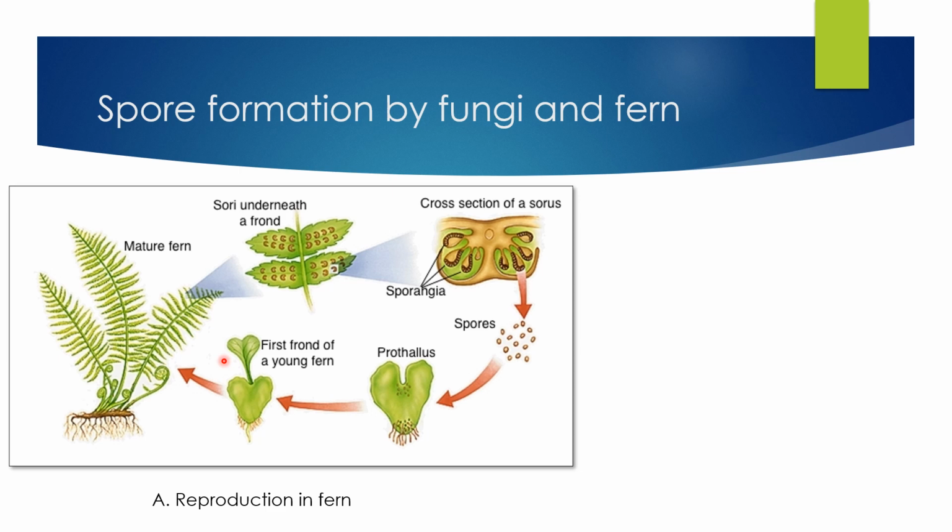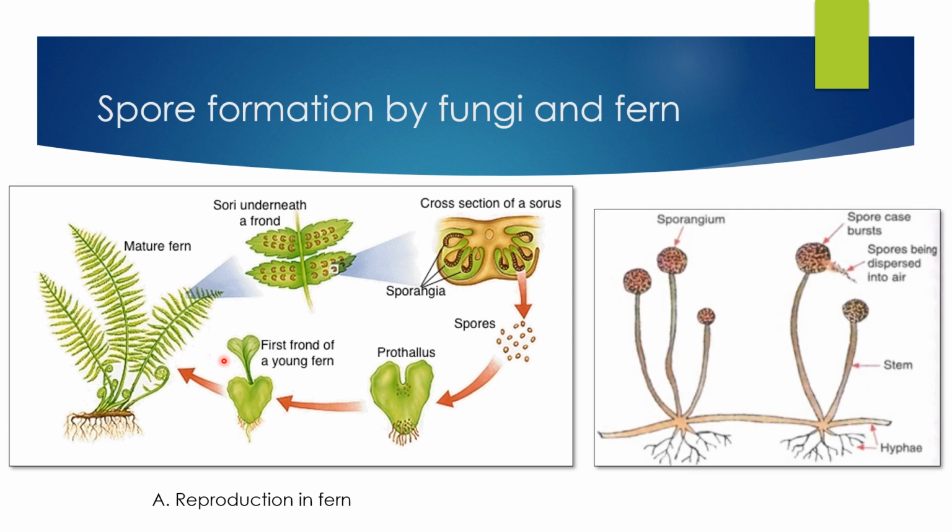Okay, but what happens in the case of fungi like Rhizopus? Here also, see their structure. This is their hyphae, the root-like structure, and this is their stem, and these sac-like structures are known as the sporangium. Here also there are sporangia, or singular sporangium.